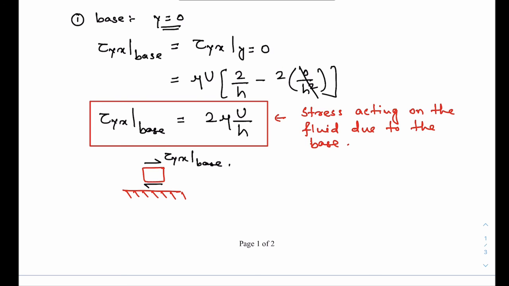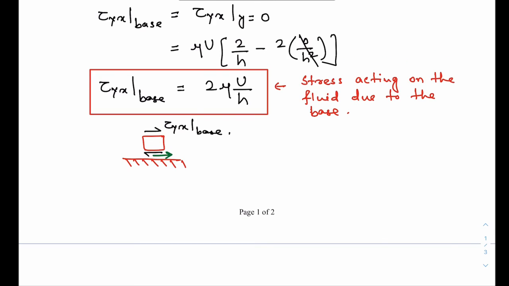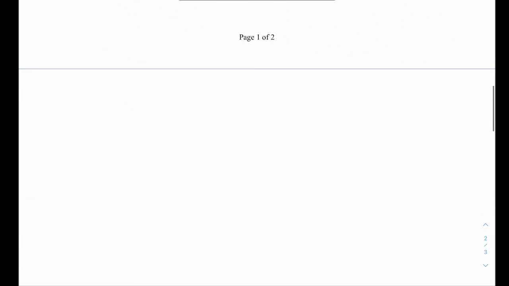So on this fluid element, the shear stress acting due to the base at the bottom surface is directed in the negative direction. So the stress acting on the base due to the fluid will be directed in the opposite direction, that means in the positive direction.